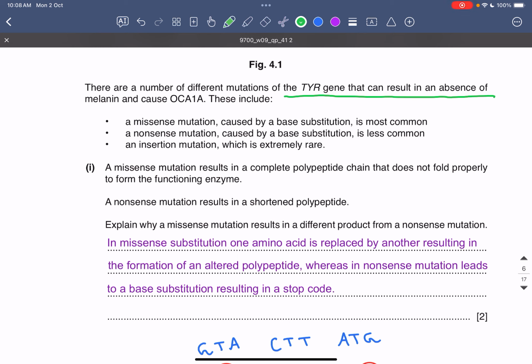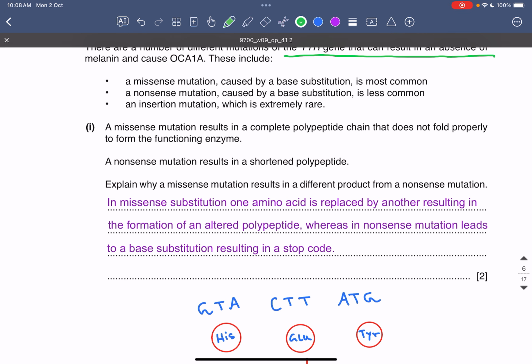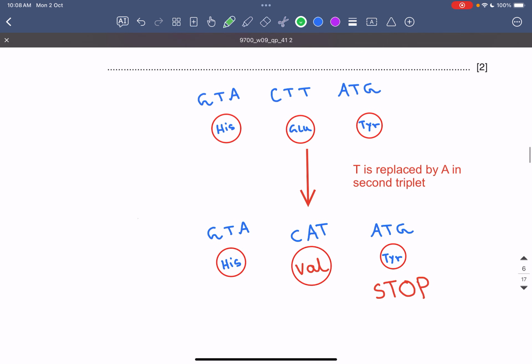Whereas in a nonsense mutation, a base substitution results in a stop codon. To better understand this, I have drawn a rough diagram. So this is missense substitution and this is nonsense substitution.